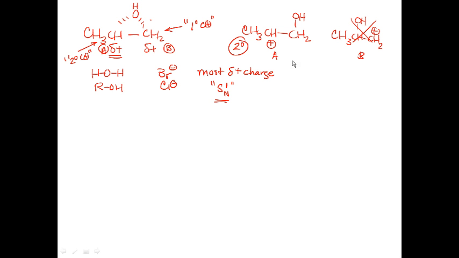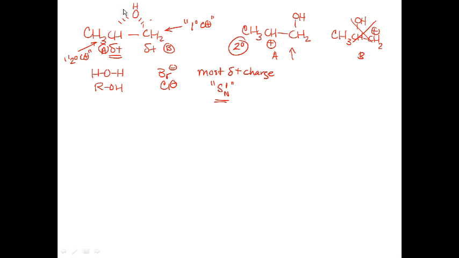Now, if you're curious to say, well, why don't we write this intermediate or this intermediate? Why do we write the intermediate showing the oxygen attached to both carbons? It's really easy to prove that this is the case, because remember, the nucleophile would have to add underneath so that we would get a trans stereochemistry. If this intermediate was to form, we would get a 50-50 mixture of cis and trans.